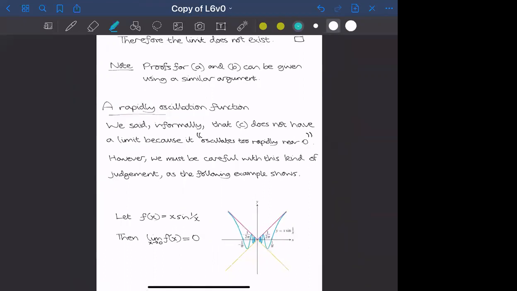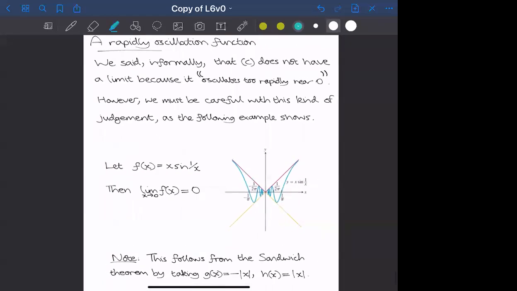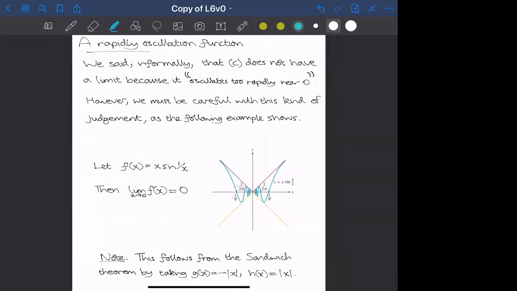So this is a good explanation, but we have to be careful with it. If we think a function oscillates too rapidly and it doesn't have a limit, then really we have to prove that it does not have a limit, like we did just now. And the reason is that there are functions which oscillate rapidly.